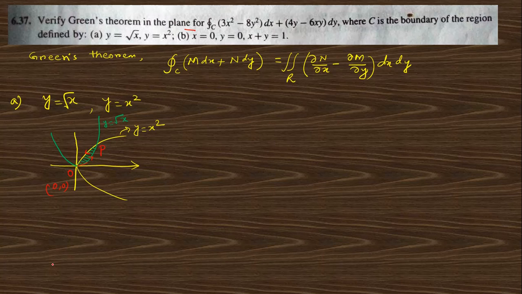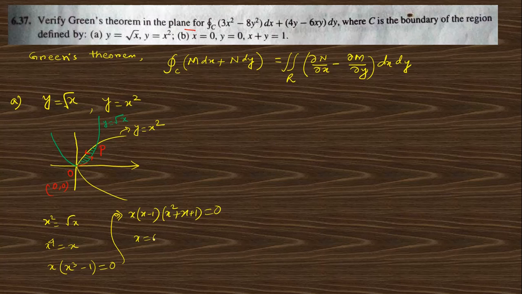To find the coordinate of P we need to solve these two equations. If we solve these two equations, y equals root x and y equals x square, so x square is nothing but root x. So x to the power 4 is nothing but x, so x can be taken common. x cube minus 1 equals 0. So you can say x into x minus 1 into x square plus x plus 1 equals 0.